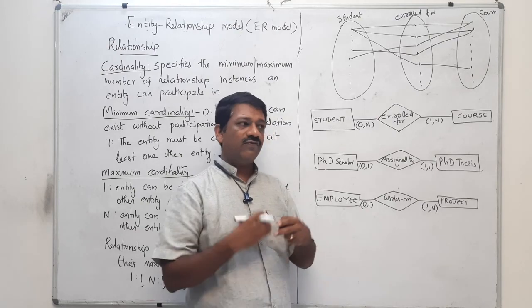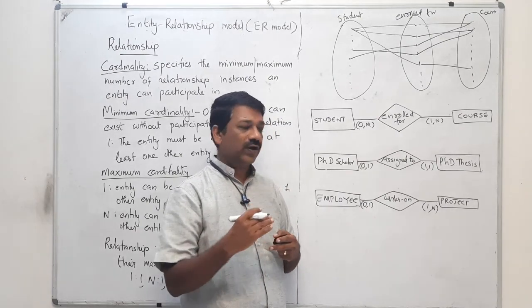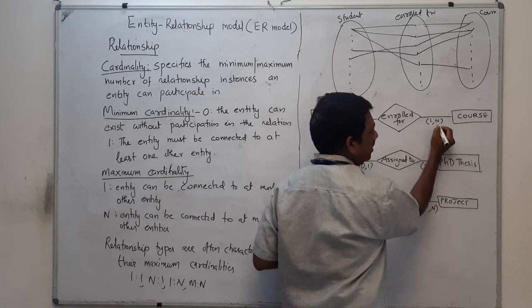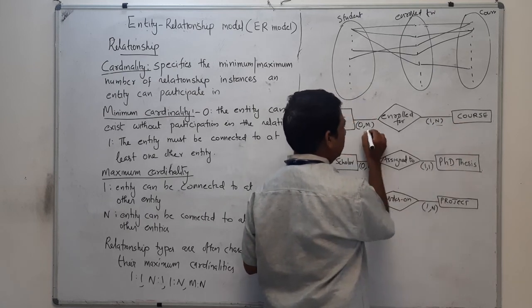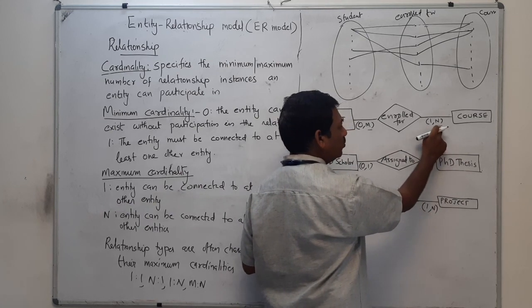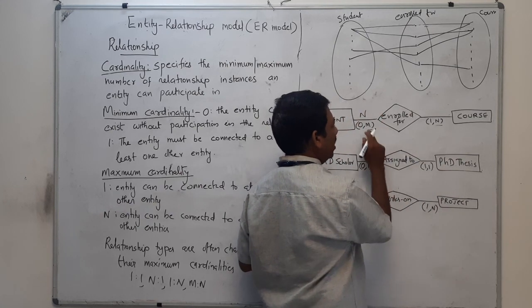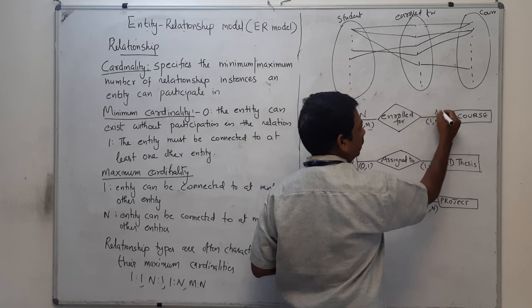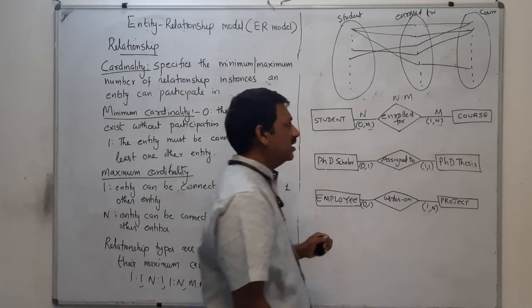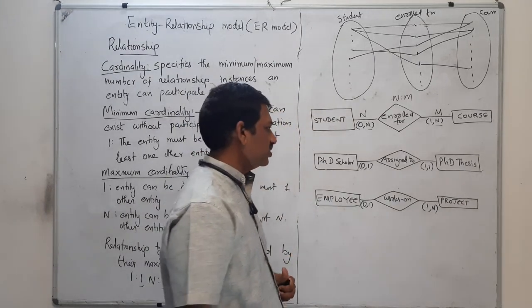That means, if you want to find out what kind of relationship this is, here n is taking part and m is taking part, with maximum m here and maximum n here. You have to write n here and m here. So this is an n to m relationship.